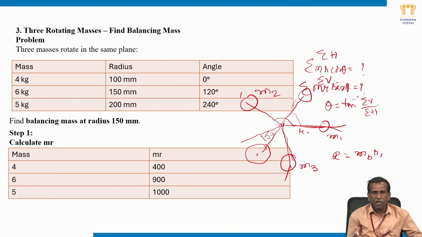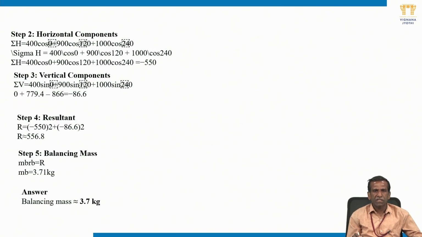This problem is already solved, let us see. See here, you got the horizontal component minus 550. Vertical minus, okay, a minus value means the direction is opposite. It means the total resultant horizontal component is in the negative x direction, let us say. The vertical component you got is minus 86.6.